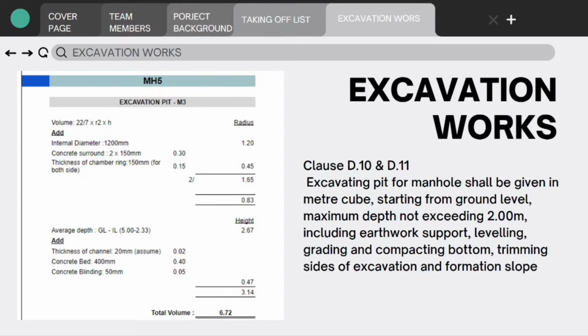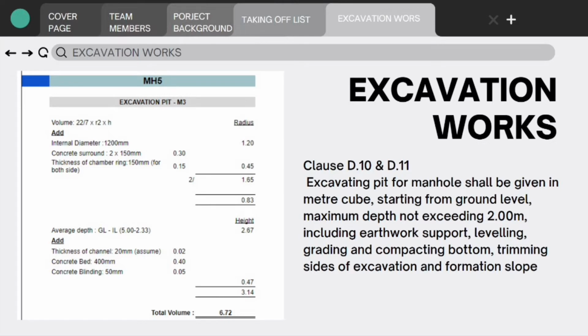Since the total depth for MH1 is 1.67, it will be categorized as not exceeding 2 meter. For MH5, the total depth is 3.14, so it will be categorized as not exceeding 4 meter based on SMM2. Excavating pit shall be described in accordance with clauses D10 and D11. D10, depth classification.